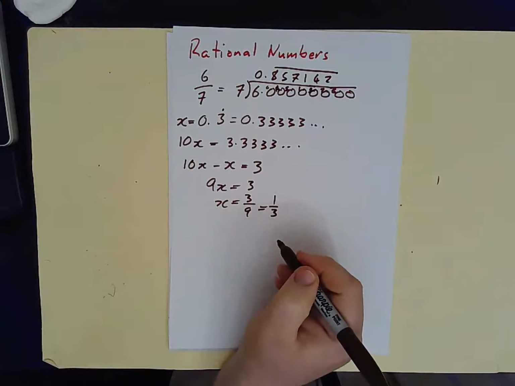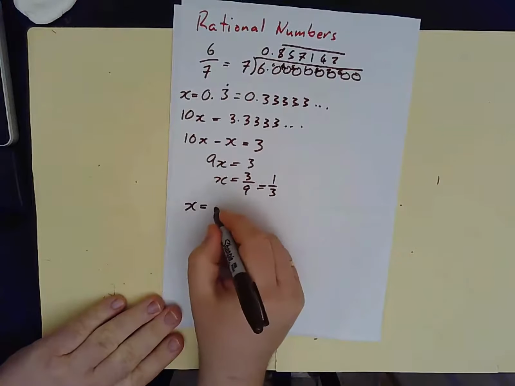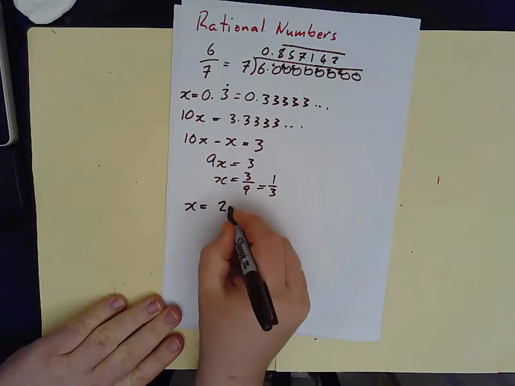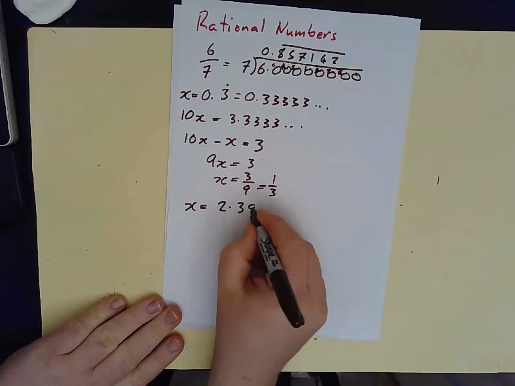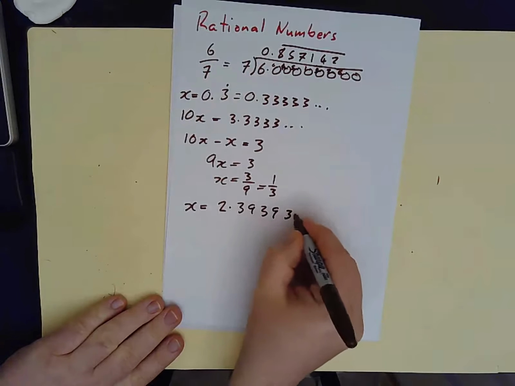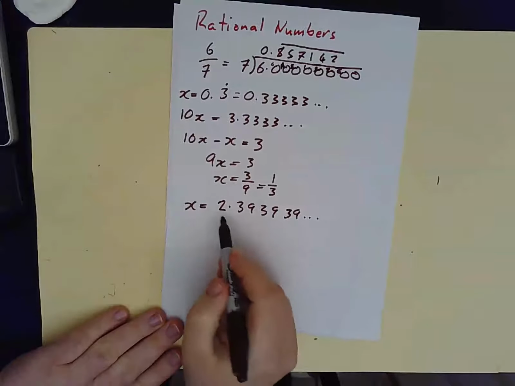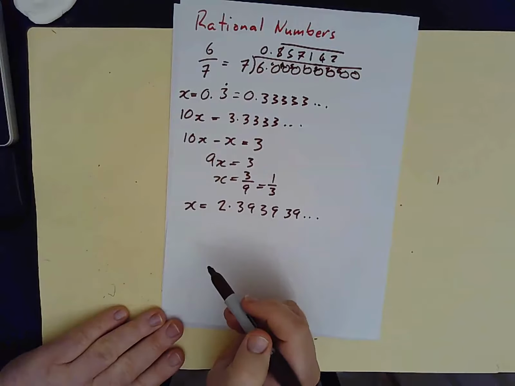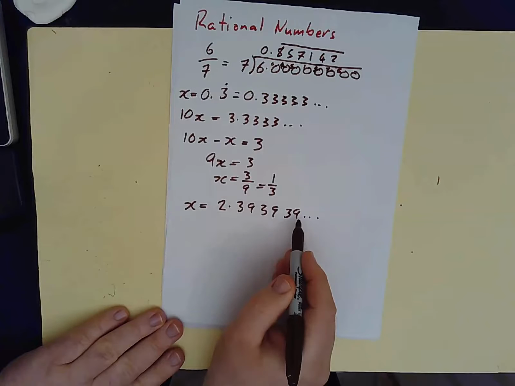We got it right. All right, let's try a slightly more difficult one now that we get the basic idea. What if I had, I don't know, 2.393939 repeated? Okay, so firstly, this 2 here is a bit awkward, it's not repeated.